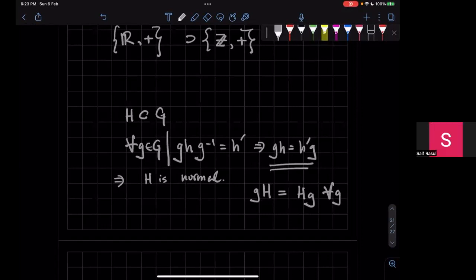So each left coset is equal to its corresponding right coset, right? Yeah, only if it's a normal subgroup. Otherwise, it's not.